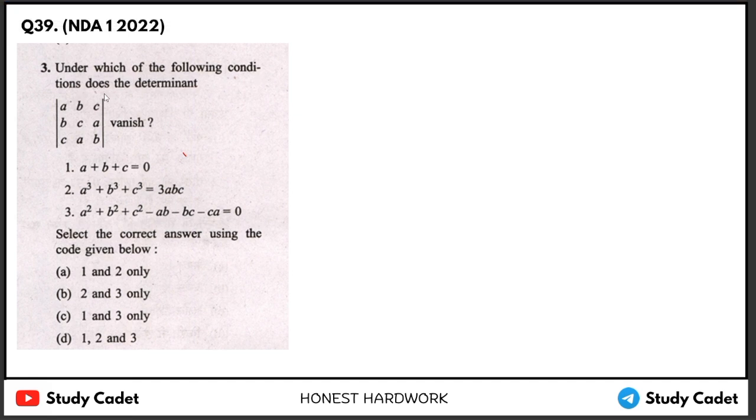Under which one of the following conditions does the determinant vanish? Okay, the value of this determinant is 0. ABC, BCA, CAB. Okay, this is simply our C cube, B cube, A cube. Okay, minus of (A cube plus B cube plus C cube minus 3ABC).